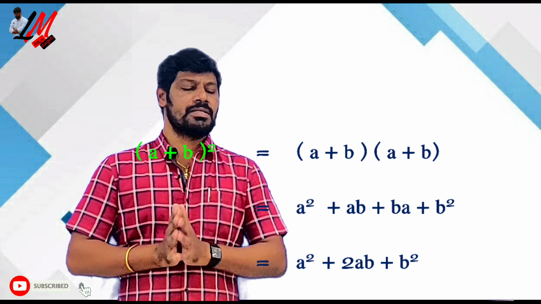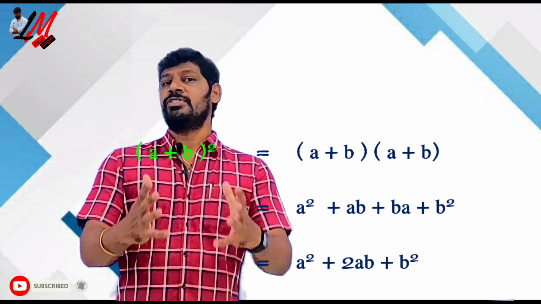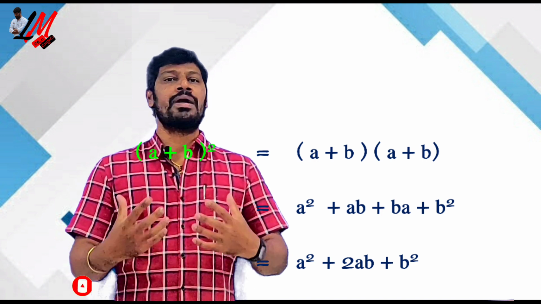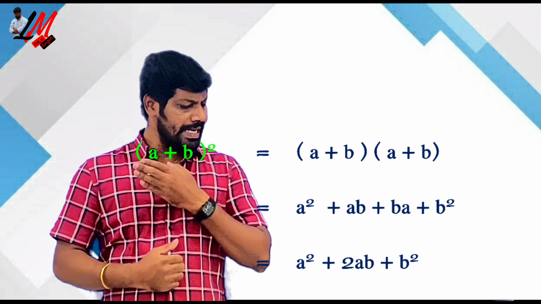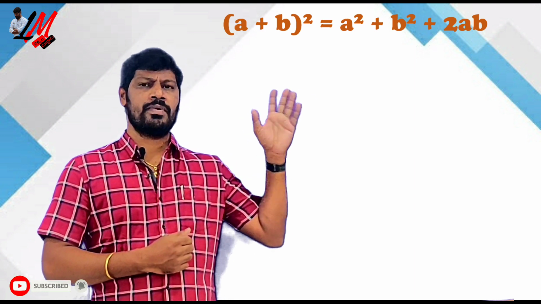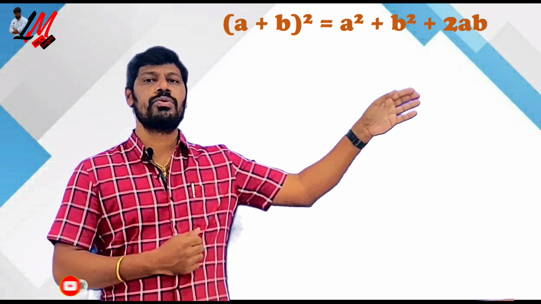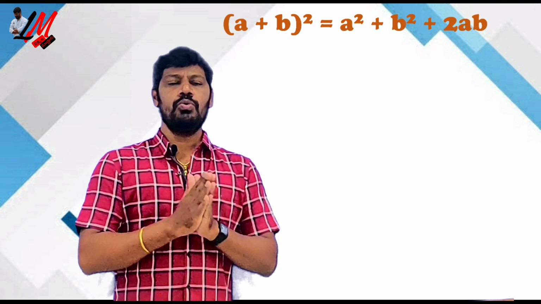Now, apart from this, let me tell you how to visualize and understand it with the geometrical method. Let me take the formula directly here: (a + b)² = a² + 2ab + b². How do we understand this?